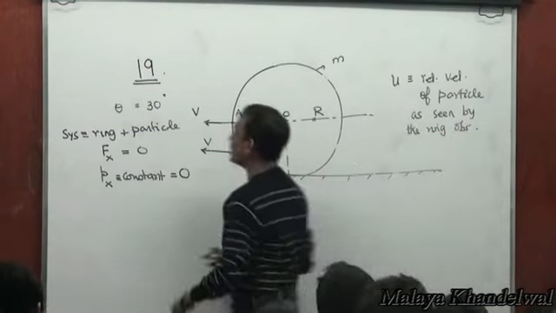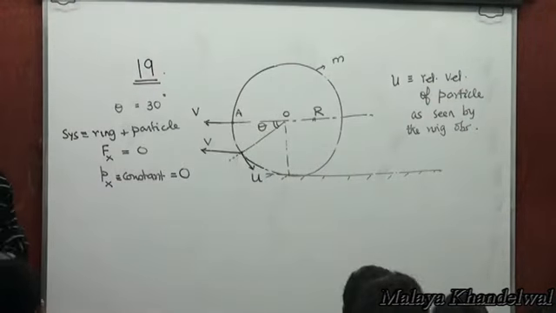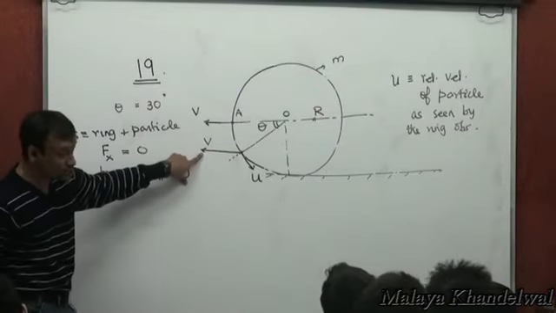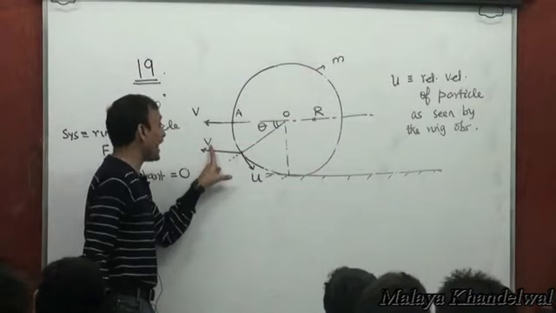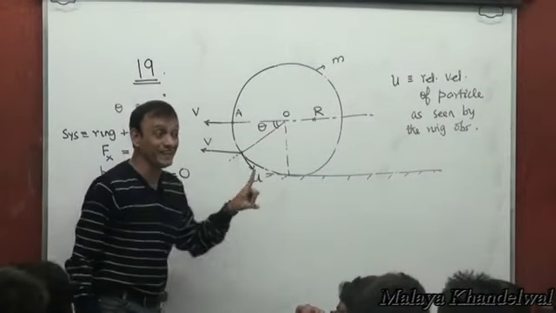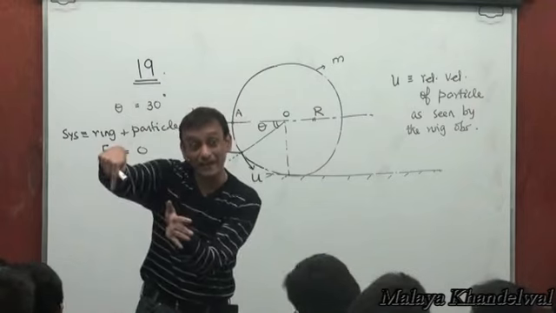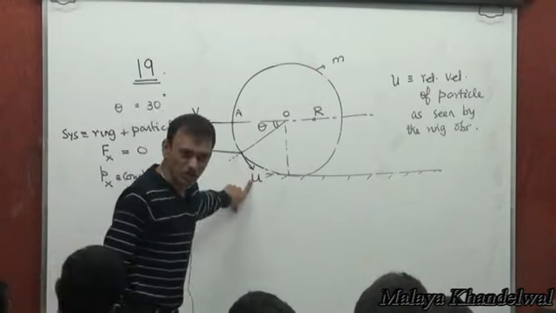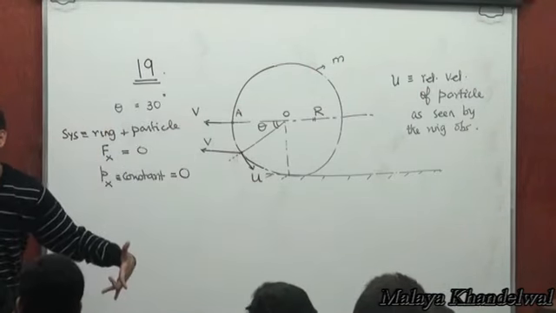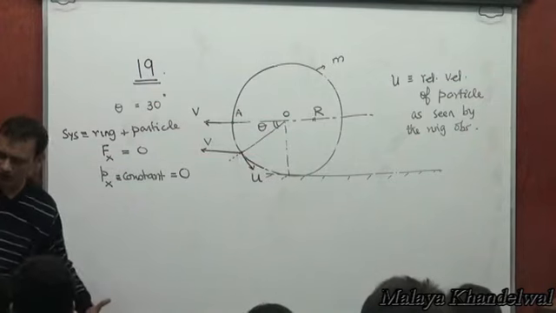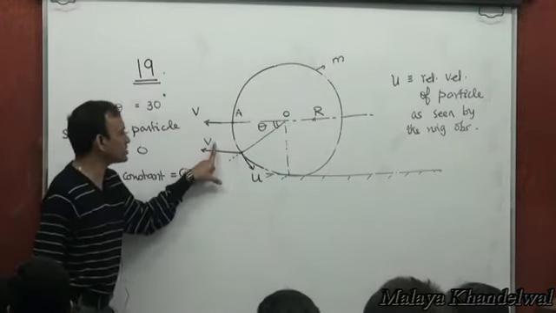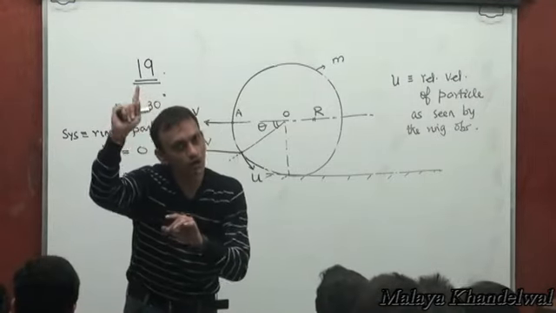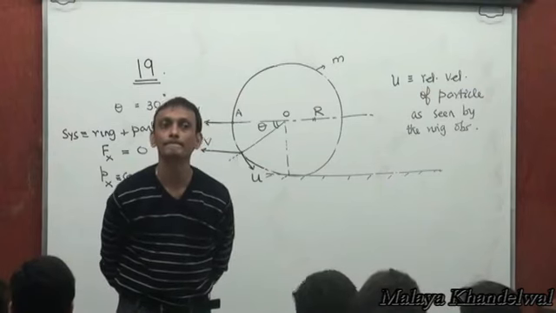If I add vectorially this v and u, this will be the total velocity of the particle as seen by the ground observer. The velocity of the observer plus the relative velocity of the particle will give me the absolute velocity of the particle, its velocity in the ground frame of reference. Is that okay so far?